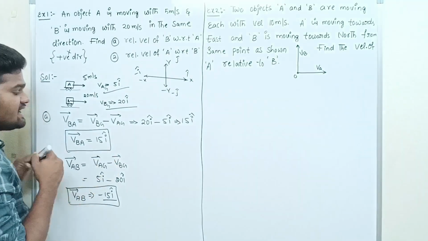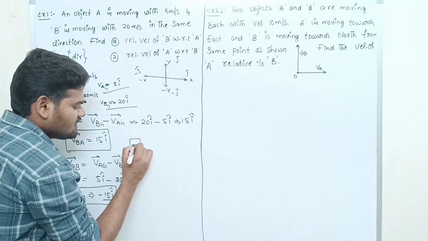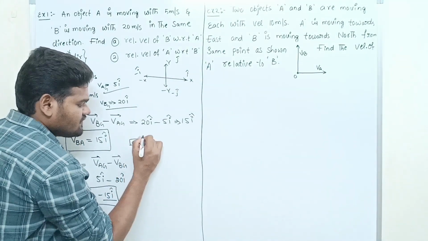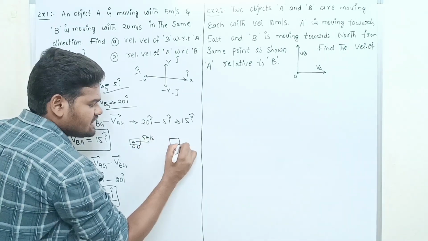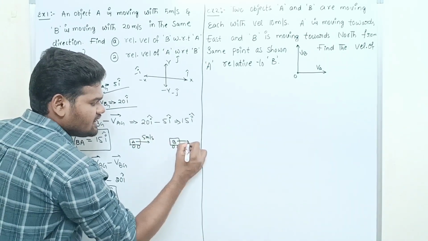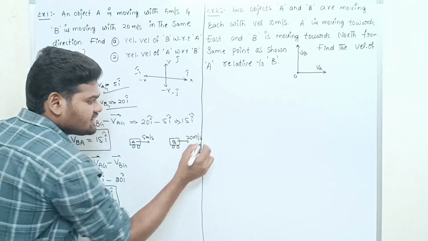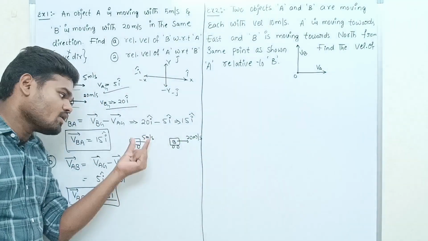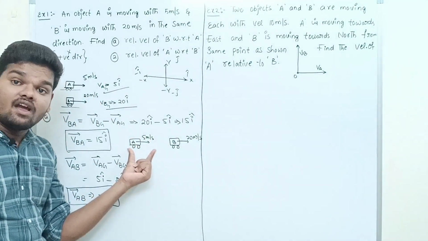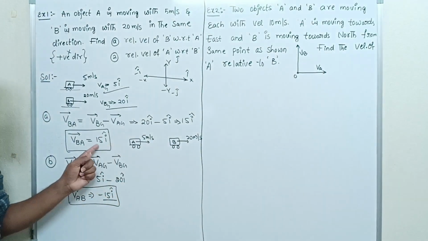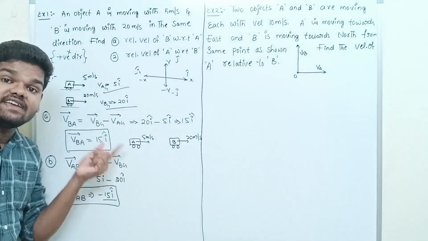That means in this case, have a look. This is the velocity of an object A, 5 meter per second. So the velocity of an object B, 20 meter per second. Absolutely, the velocity of an object B is more than velocity of an object A. How much more is it? 15 I cap. 15 meter per second more.